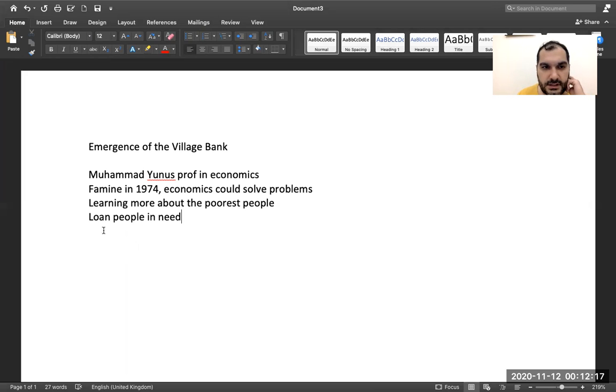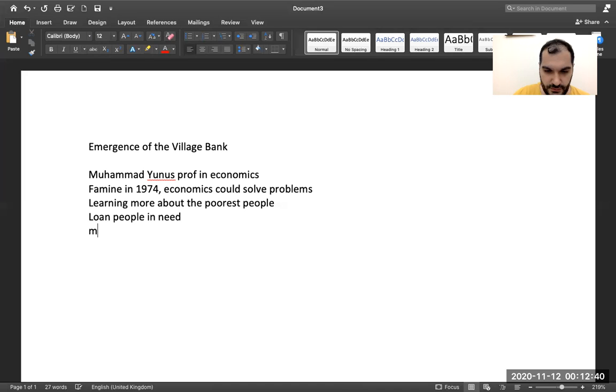Okay, to loan, and loan is giving some amount of money to people or companies to borrow. Loan people and give some amount of money to people in need.